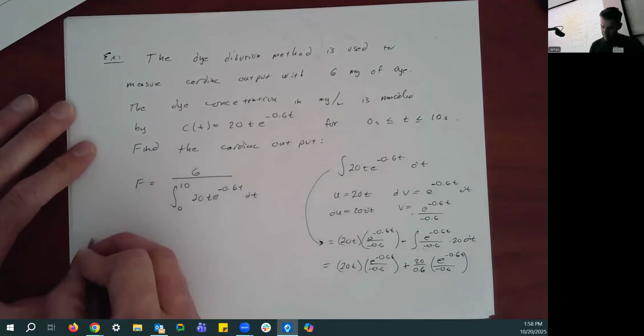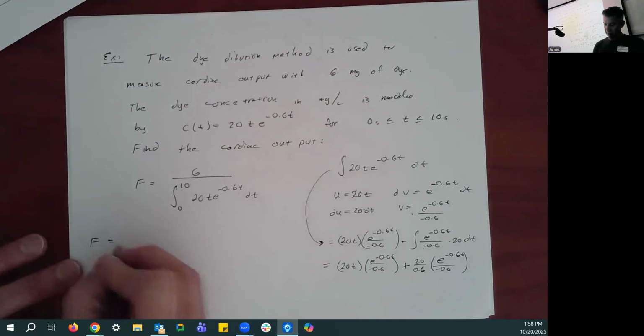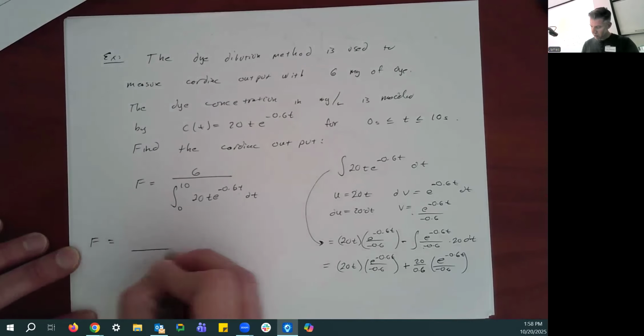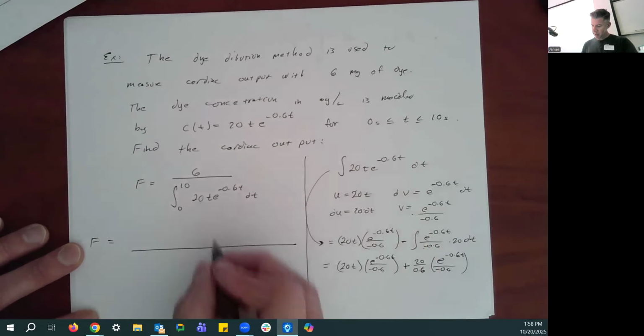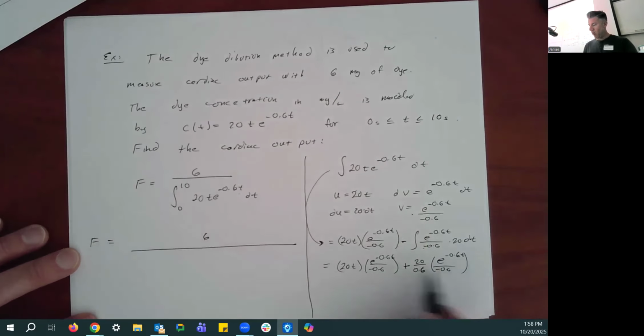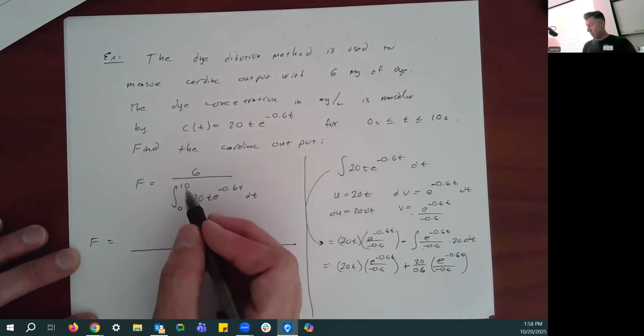So our cardiac output here is going to be some gross fraction. It's going to be 6 on top divided by all of that with first 10 plugged in and then 0 plugged in.